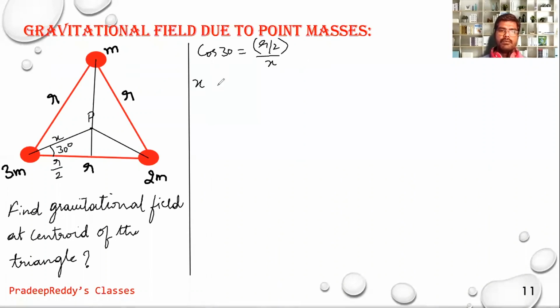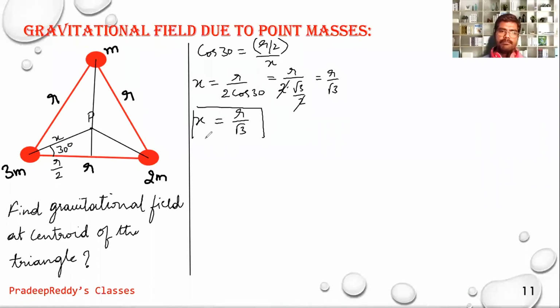So x will be equal to r divided by 2 into cos 30, and cos 30 is root 3 by 2. This 2 and 2 get cancelled, which is equal to r by root 3. So the centroid distance x we have calculated is r by root 3. So this distance is r by root 3, this distance is r by root 3, and this distance is r by root 3.